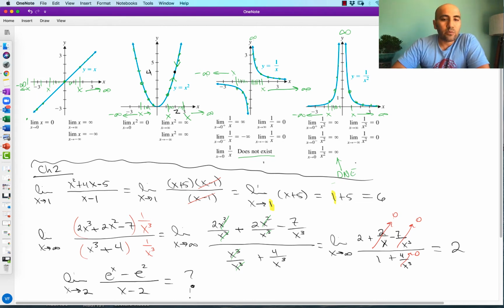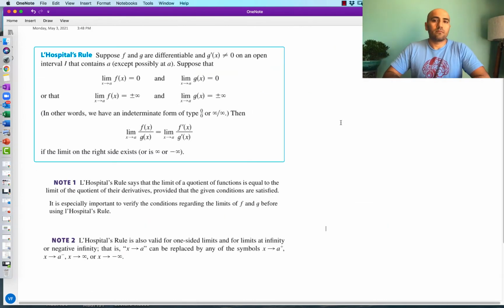So this is what L'Hopital's rule states. Suppose that f and g are differentiable and that g prime of x does not equal 0 on any open interval I that contains a, except possibly at a. Remember, the limit only cares about what's happening as we approach the value a, not at the actual value of a.